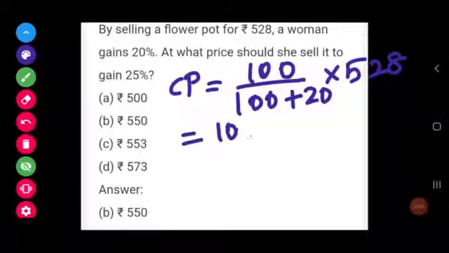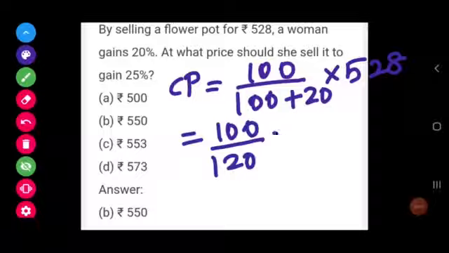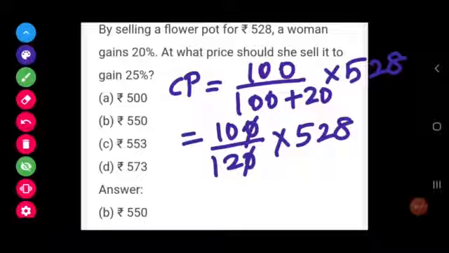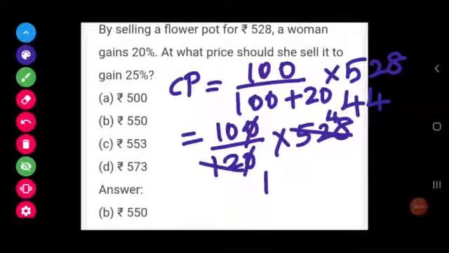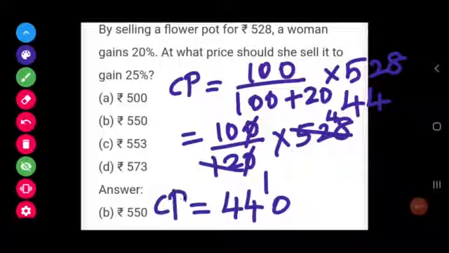Now 100 divided by 120 into 528, 0 0 cancel. 1 12s are 12, 4 12s are 48, remaining 4, 4 12s are 48. So 44 into 10 rupees 440. That is our CP. We have found CP now.